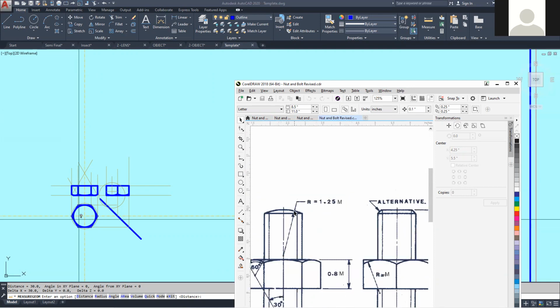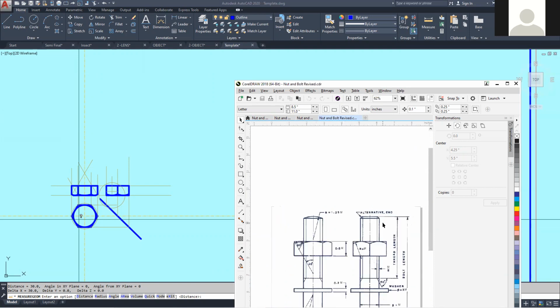Or you could use 1.25 M as the radius, so you can get a curve here. You could use any one of these ends to draw the end of the bolt.